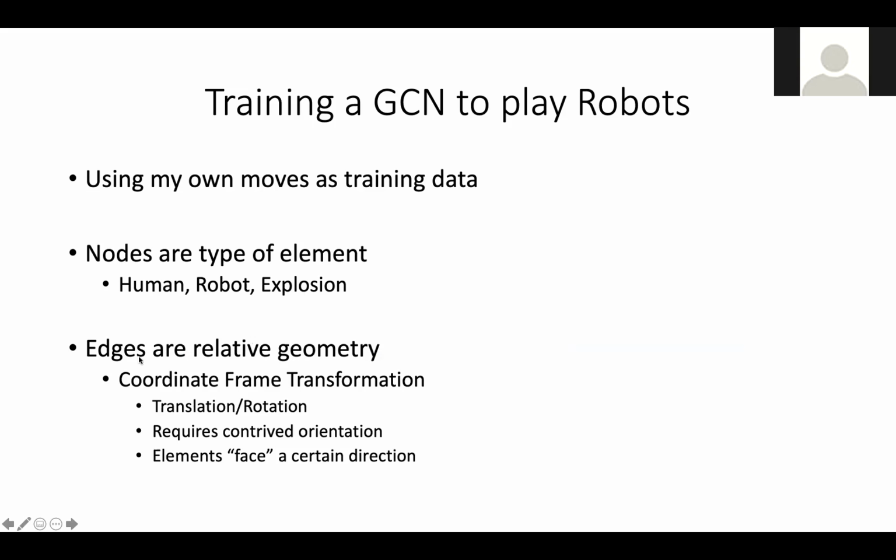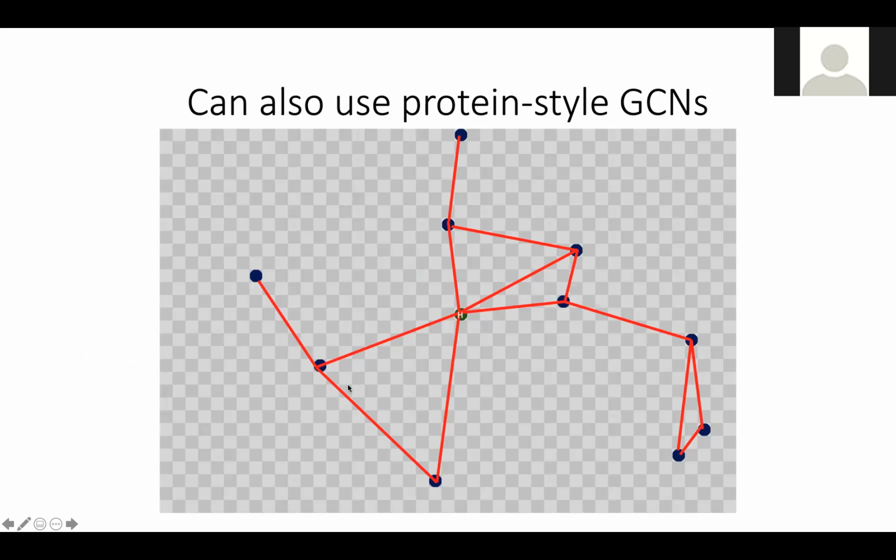This is a little bit contrived for the sake of making this similar to proteins, but I do coordinate frame transformations, so translations and rotations. Rotations don't make a ton of sense because there's no orientation to these nodes. But for the purpose of contriving this for the sake of similarity to proteins, I assign an orientation. So robots are facing the human and the human is facing the center of the board.